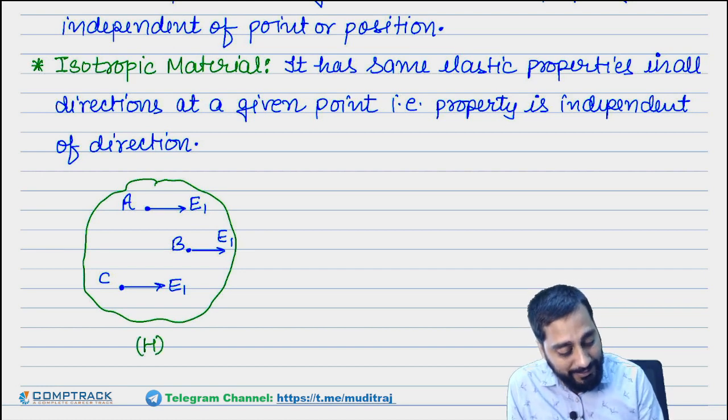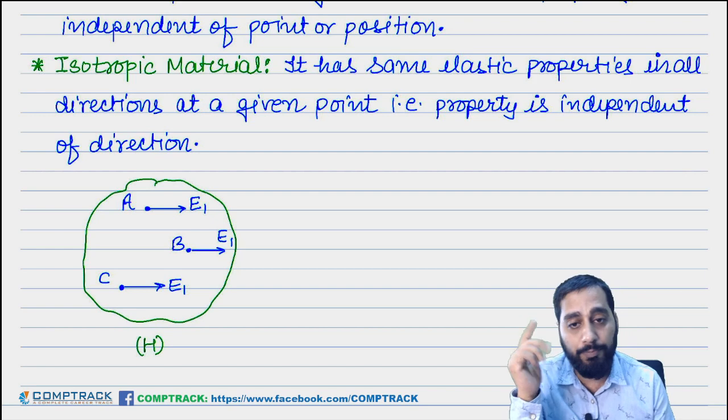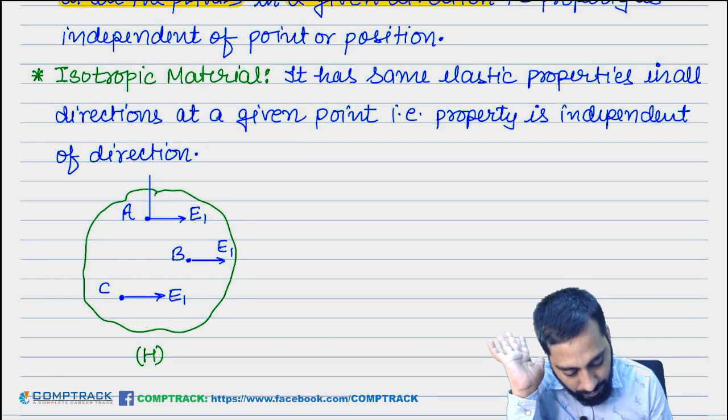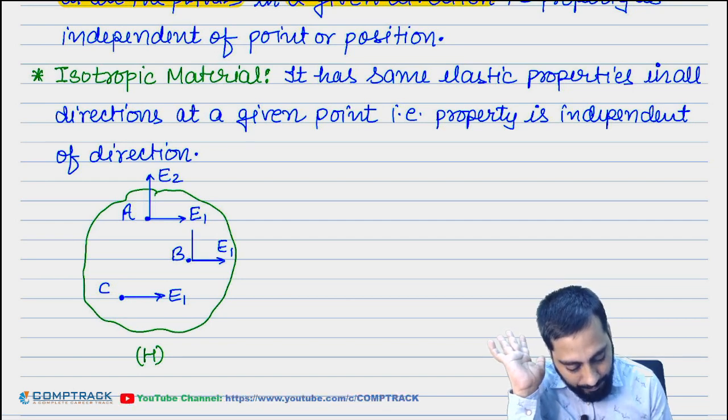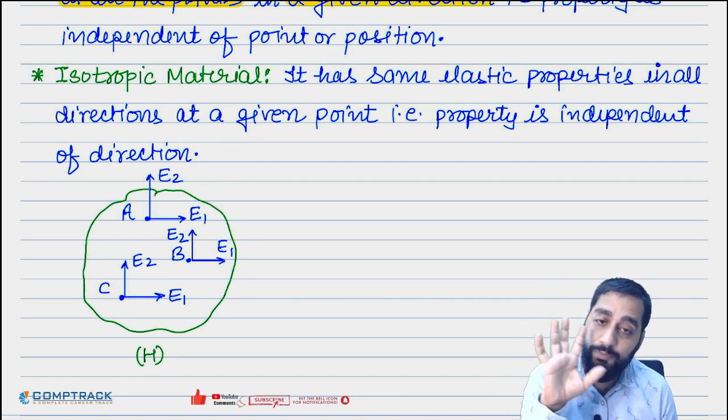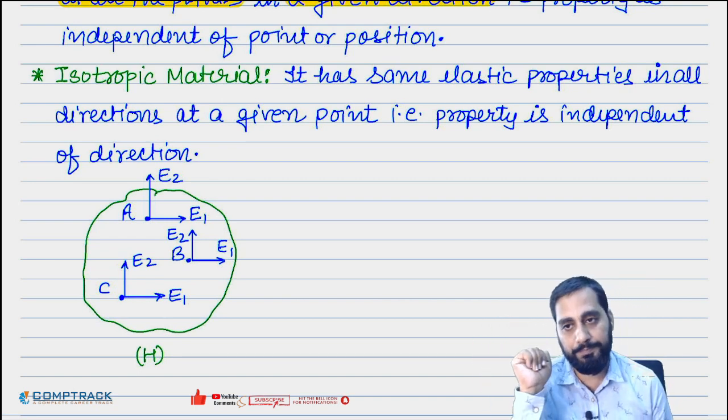If you change the direction at the same point, property can change. Let's say at point A in Y direction you are seeing, then it will be E2. In same direction at point B, it will be again E2. In this direction again it will be E2. So if you are changing the direction, property can change. But if you are changing the point in same direction, property remains same.